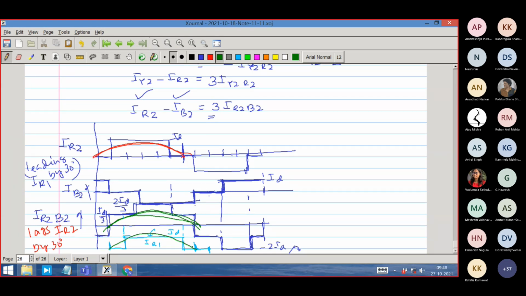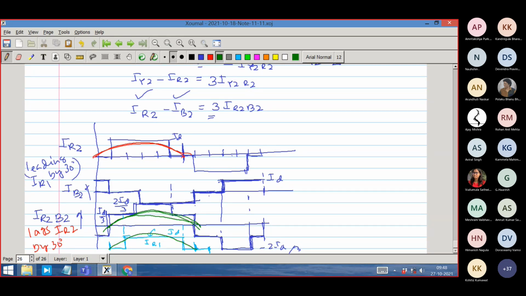So now the total current is which one? Total current, we have said that this is IR1 by N and IR2B2 by N into √3. So a scaling will be there. So actually the comparison current will be IR2B2 √3 and IR1.